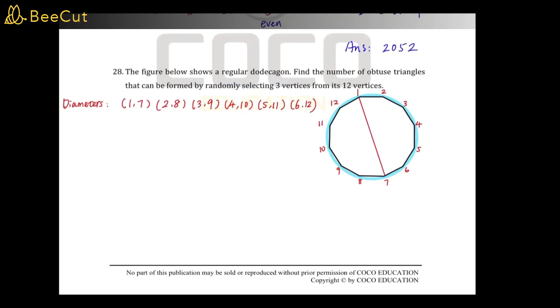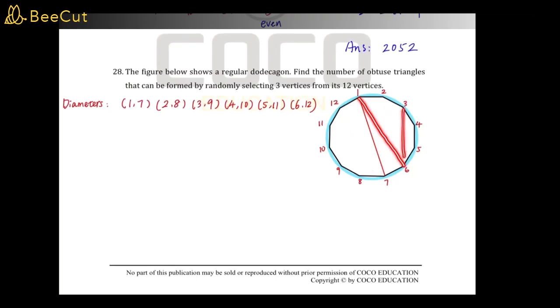And in circles, we know that if you select the diameter as one side of the triangle, and you choose any other point, this will give us a right angle triangle. You can choose any points here. So when you use the diameter, it's always a right angle triangle. Then if you want an obtuse triangle, just choose a line that's shorter than the diameter.